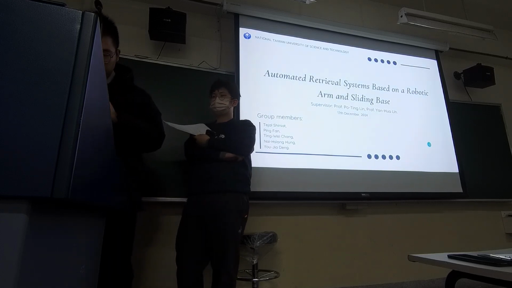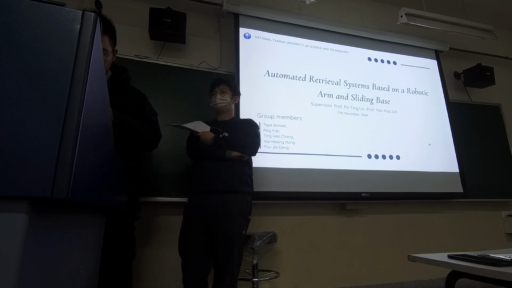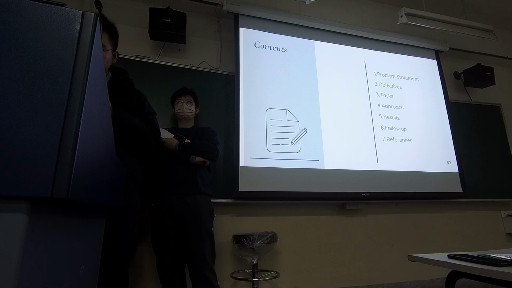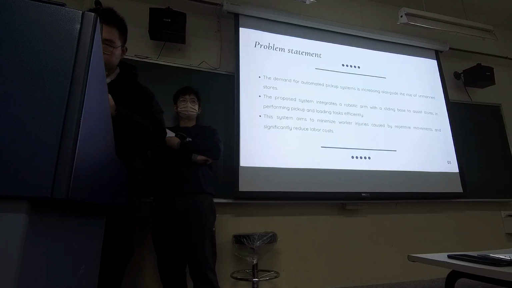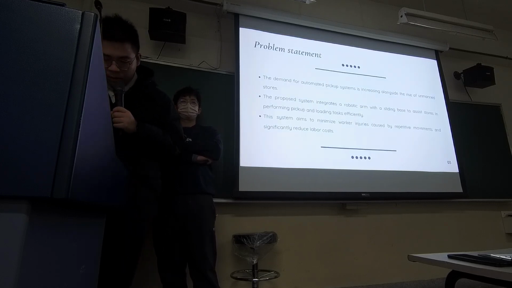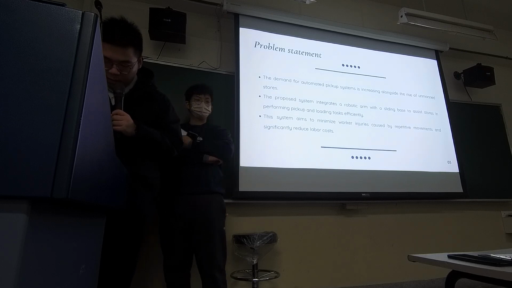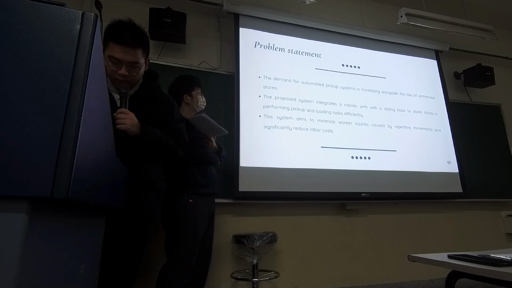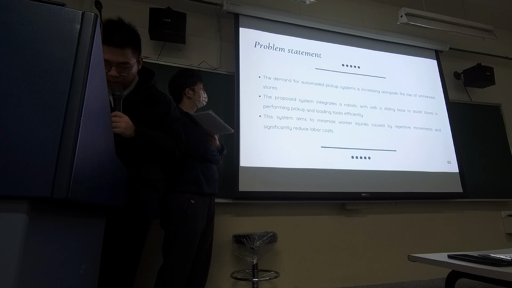Good afternoon. Today we are going to introduce our topic, automated retrieval system based on robotic arm and sliding desk. With the rise of unmanned stores, the demand for automatic pickup systems in the market is steadily increasing, as the efficiency of traditional manual operations can no longer meet modern requirements.